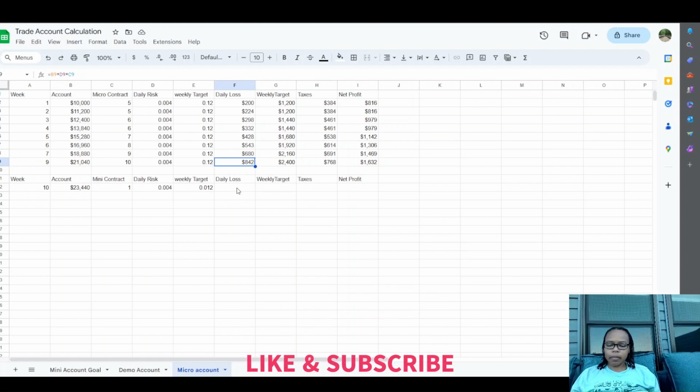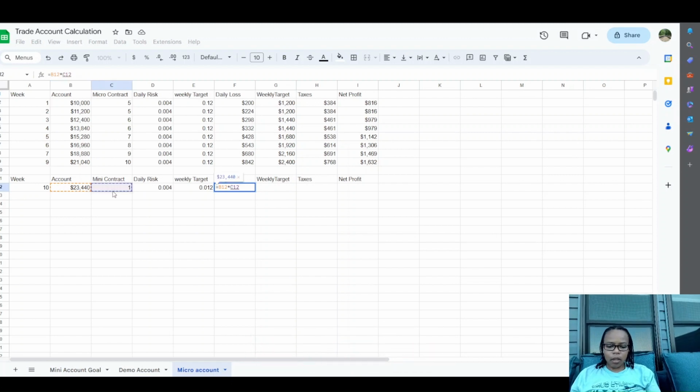Okay. So this is going to be B times C times that. So I want to keep my risk sorted out. B12 times D times C.